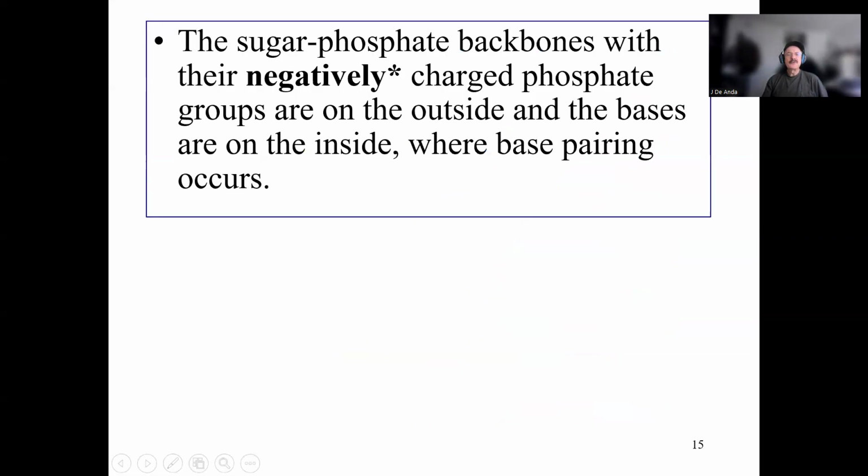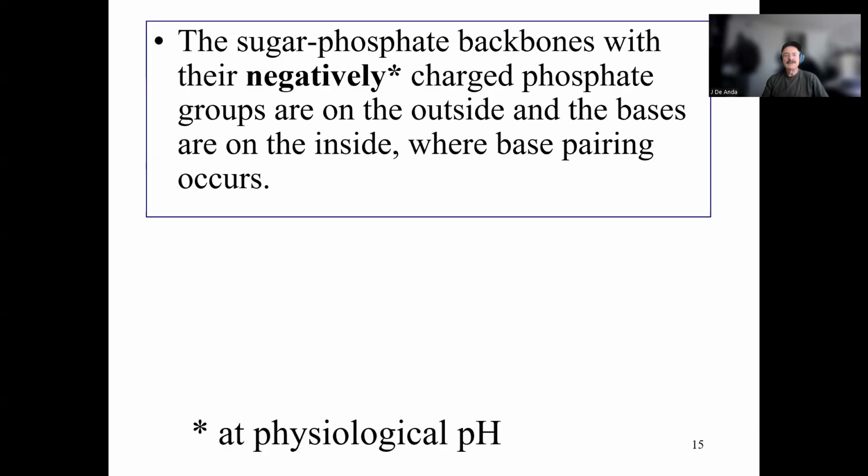One of the things that's important is that the sugar phosphate backbones essentially are going to be what we would call the outside of the double helix. And the reason for that is because the phosphate groups are going to be negatively charged. Remember that phosphate is a derivative of phosphoric acid, a weak acid, which therefore means that at physiological pH, which is what we've defined as pH 7.3, 7.4, acidic groups are going to be fully ionized, and so they're going to have negative charges on them.